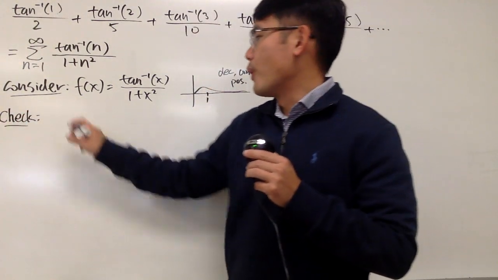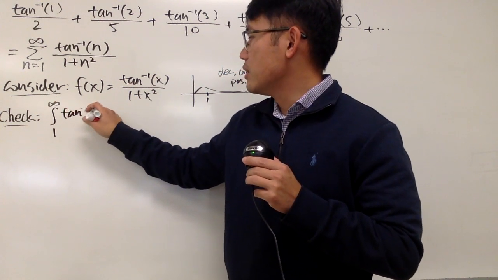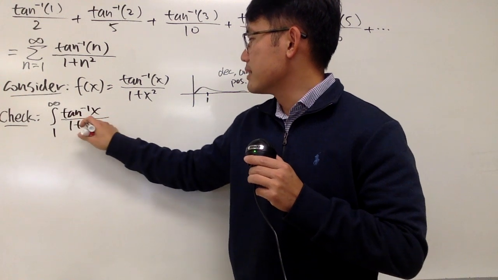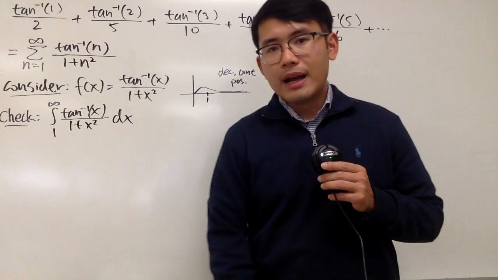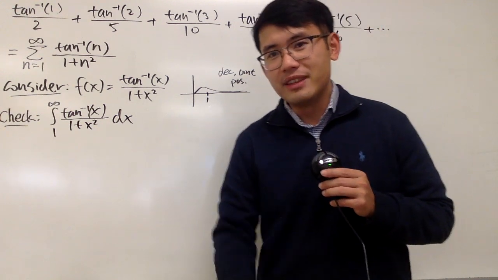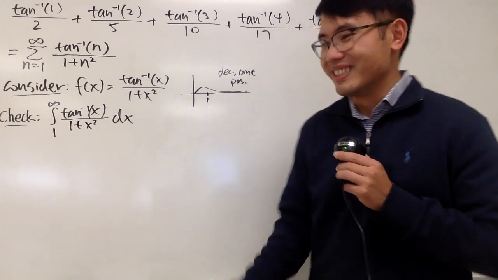And we are going to go from 1 to infinity of the function, inverse tangent of x over 1 plus x squared, like this. All right, now, how can we integrate this, especially if you haven't done integrals for a while? Yes, we can just do a u sub for this, right?